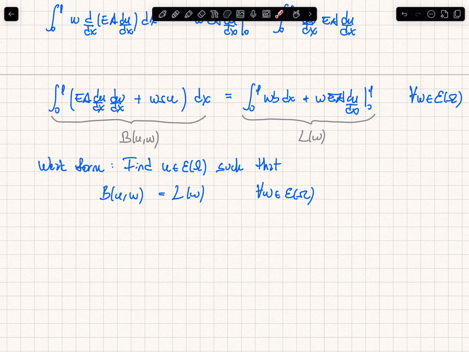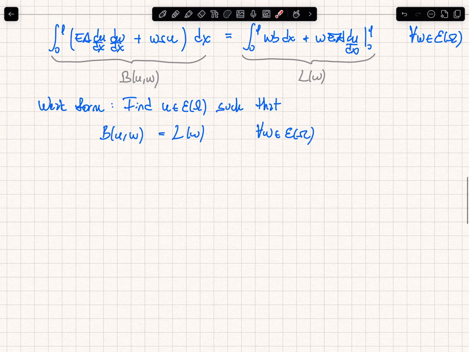It's just that the bilinear form and the linear form are going to take different expressions, but you can still cast the problem in the same way, okay?